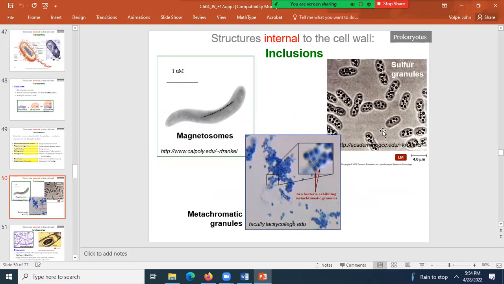And then this molecule metabolizes sulfur, so it's incorporating sulfur in the cell, and so we see sulfur inclusions called sulfur granules. And these are the metachromatic granules, which I think are proteins that have been built by the cell.